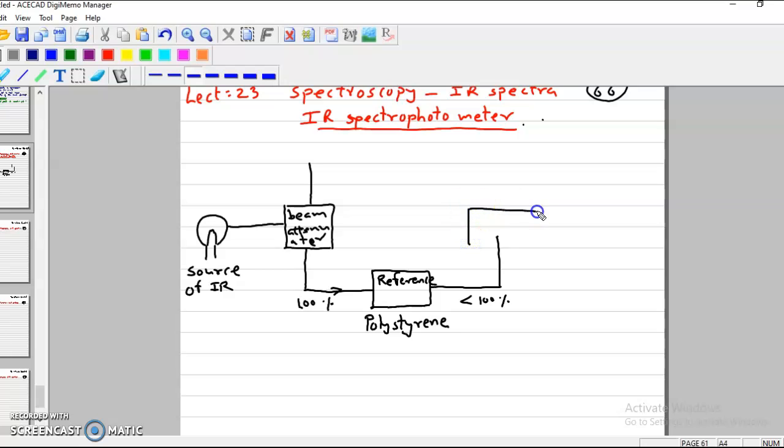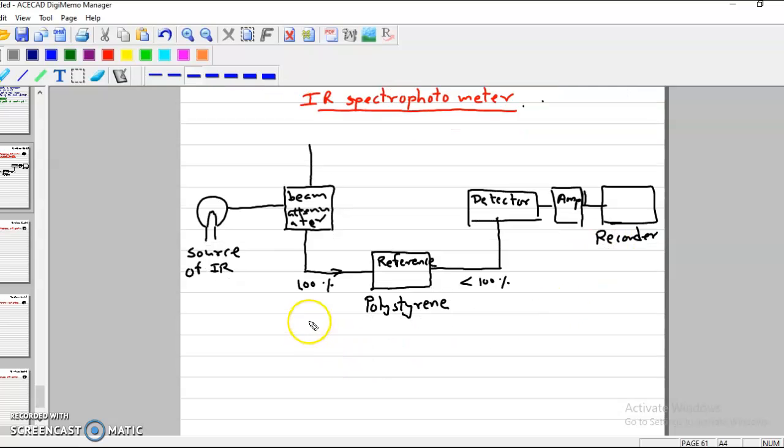Now this will pass through the detector and then it will go to the amplifier, and then it will go to the recorder. The recorder has a piece of graph paper, which will give us a graph.